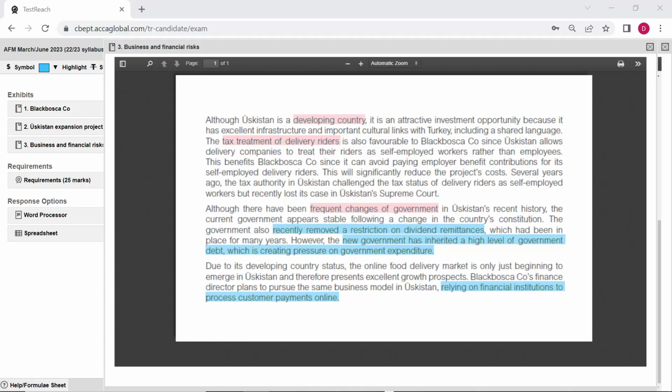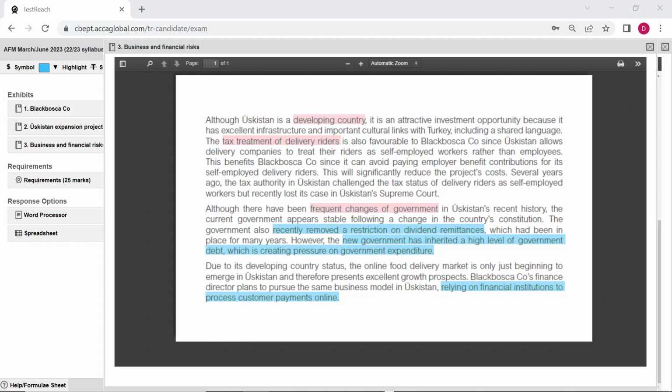And the same with the financial points. The restriction on dividend remittances would, if it was brought back in, mean that you weren't getting your cash back as quickly. On the other hand, not a lot of cash is going to be coming out until year 4 here. So how much of a problem is that?